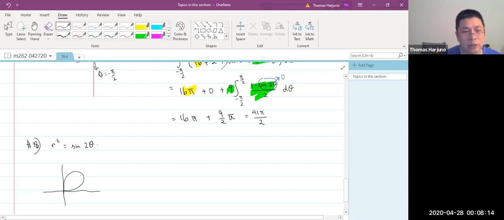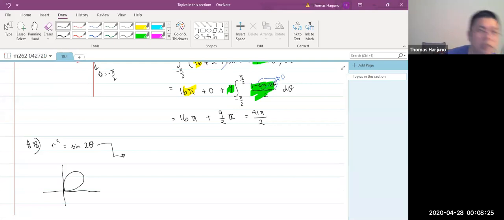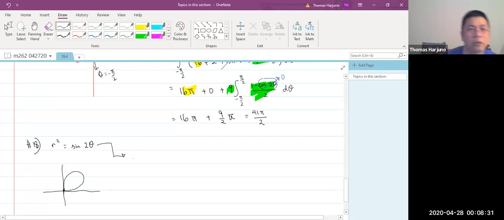Which means we need to find, instead of the x-intercept, what you can call the theta intercept, basically when the radius equals 0. So 0 equals sine 2 theta.